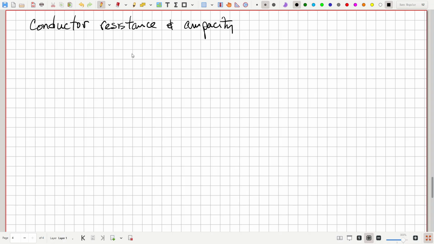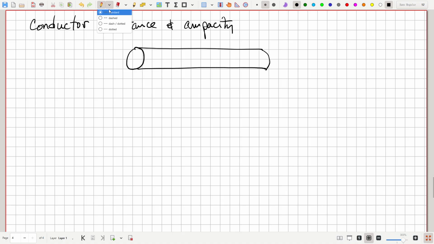So suppose we have a cylindrical wire conductor which has a length L and a radius R.